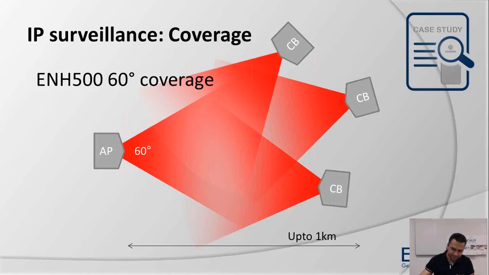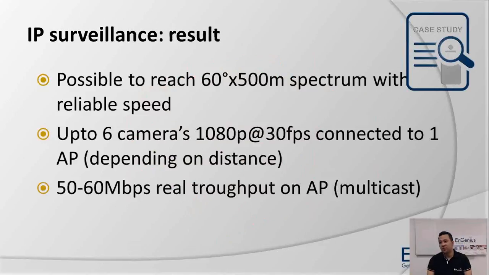We had 6 cameras, 3 on a pole, 2 connected to each access point, and they were able to do 1080p at 30 frames per second, and they all came out into 1 access point. The real throughput that we managed to have at the first central access point was 50 to 60 Mbps with multicast enabled.